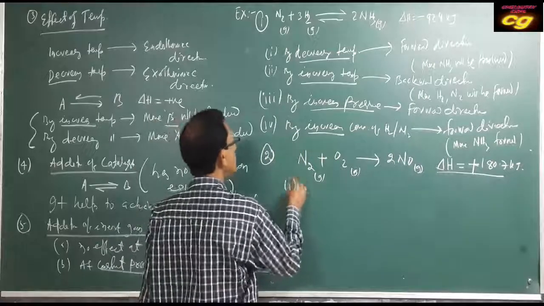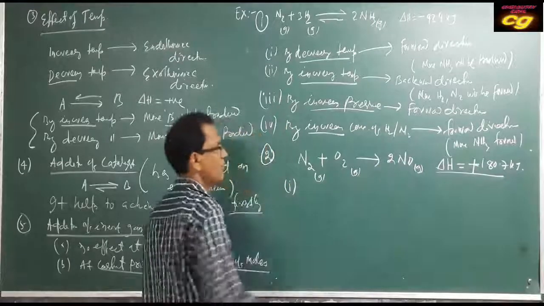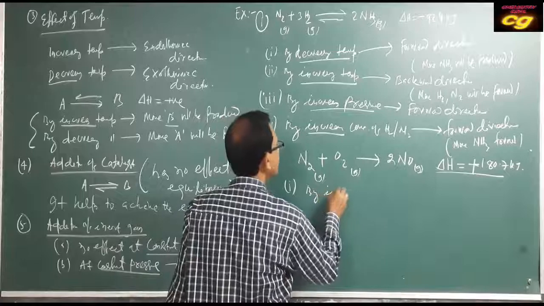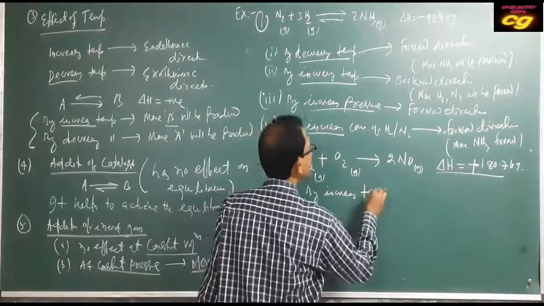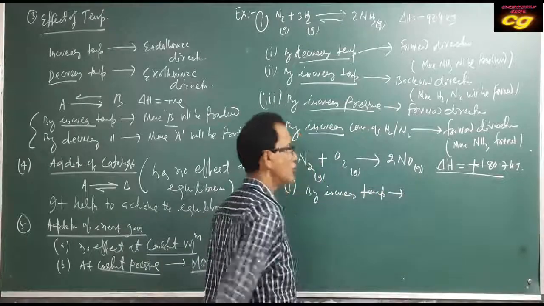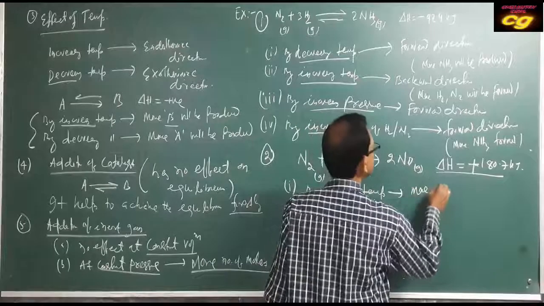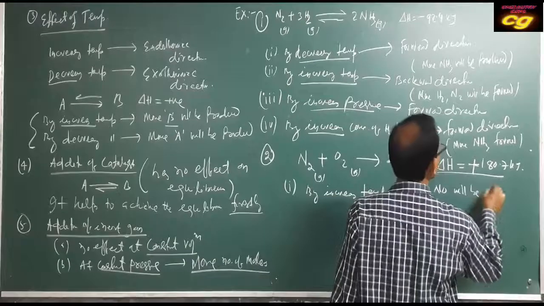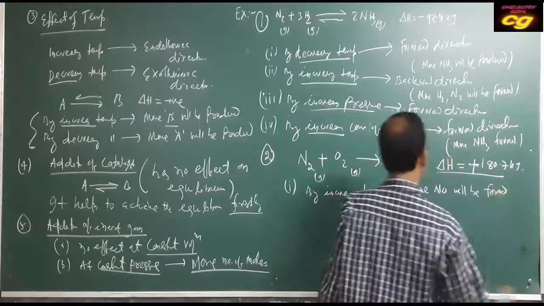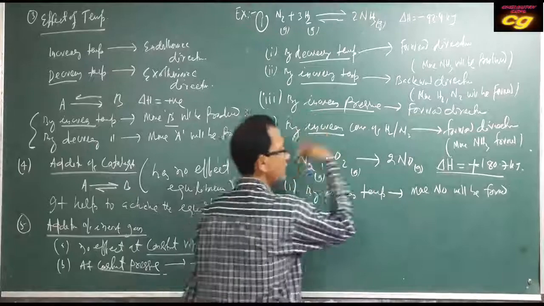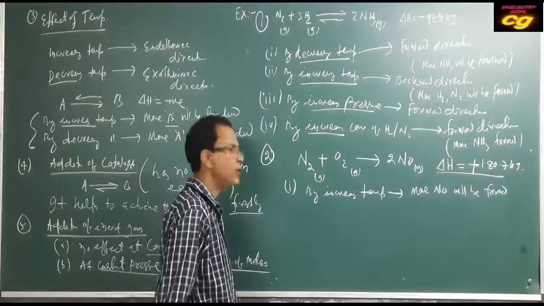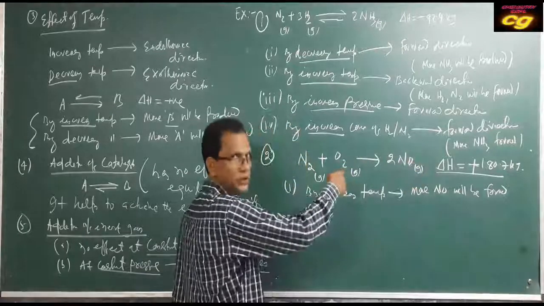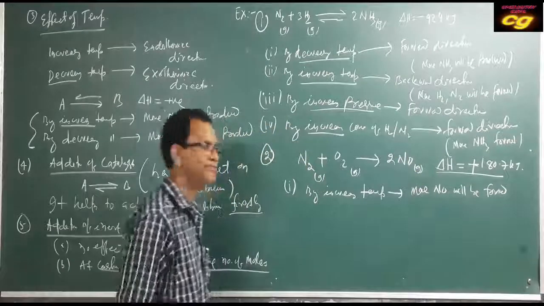How can you get more NO? Since the forward direction is endothermic, by increasing the temperature, more NO will form in the forward direction.